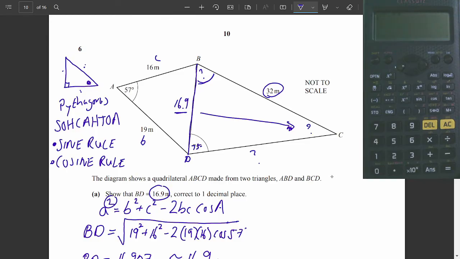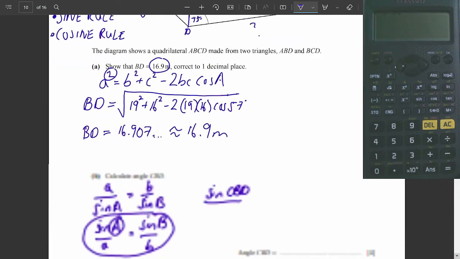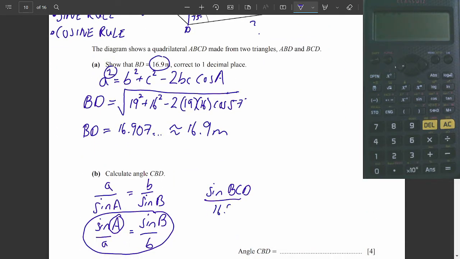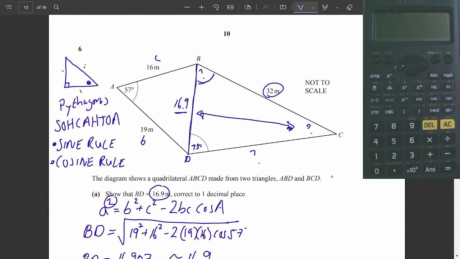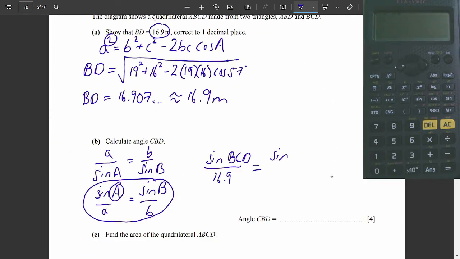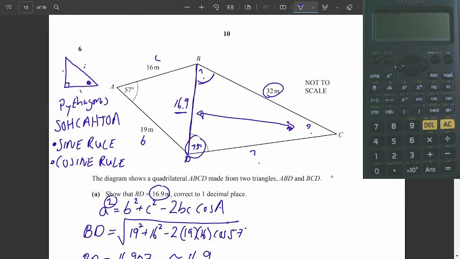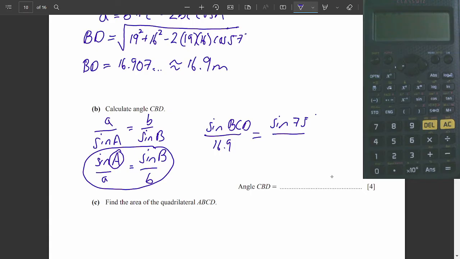This one over here. The opposite side to that angle is 16.9. I'm going to set that equal to sin of any other angle I know, and this is this one here, 75, over the opposite side there, which is 32. The reason we have the unknown at the top left-hand corner is that working it out is now quite simple.